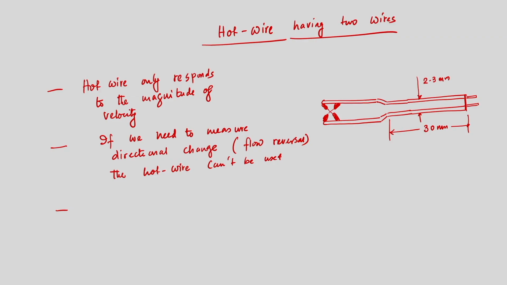And also the free convection imposes a lower limit on the velocity that can be measured.